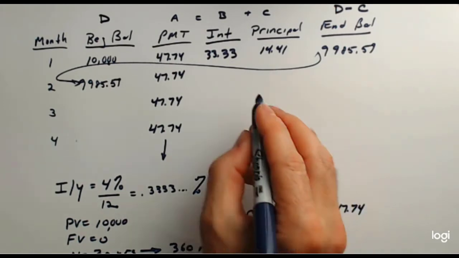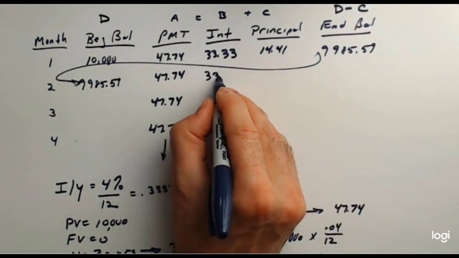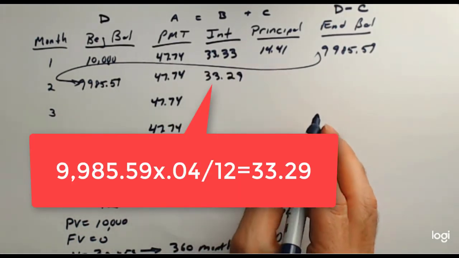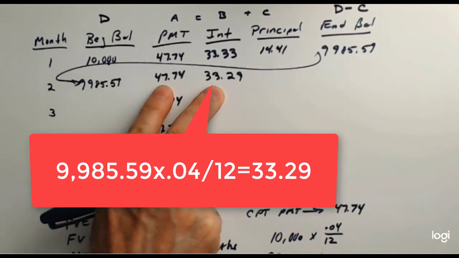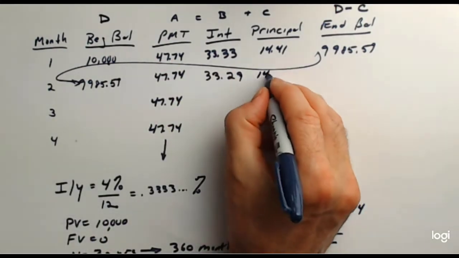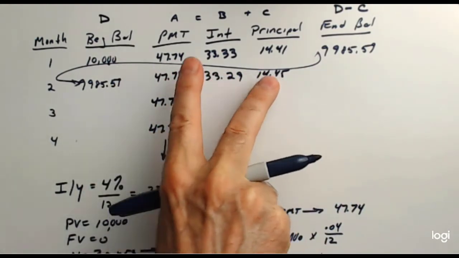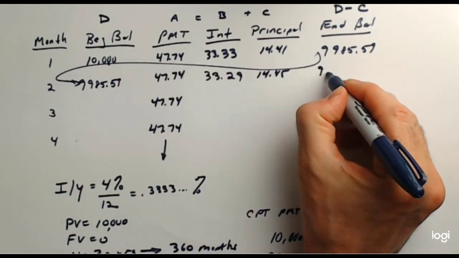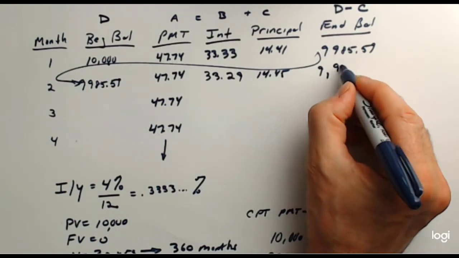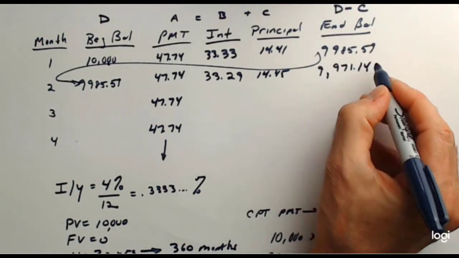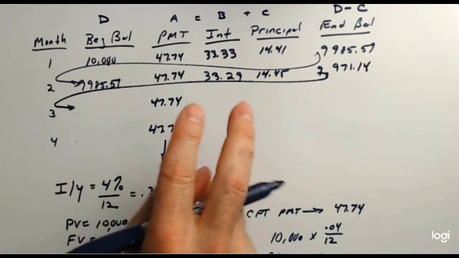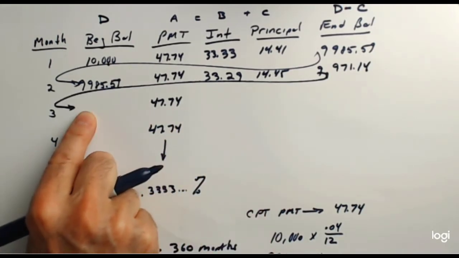And that interest payment will be $33.29. And so the difference between these two numbers is going to be $14.45. And now the difference between these two numbers, your new balance, is going to be $9,971.14. And we're going to carry that forward as a beginning balance for the next month.